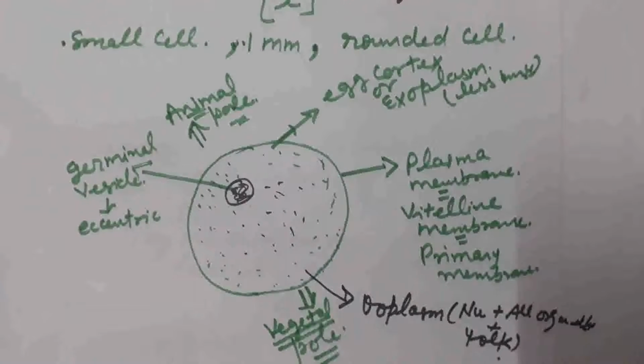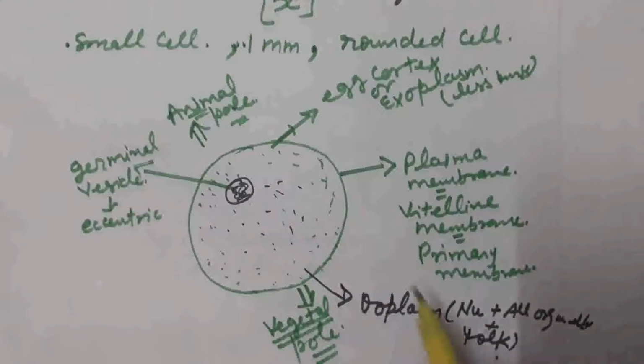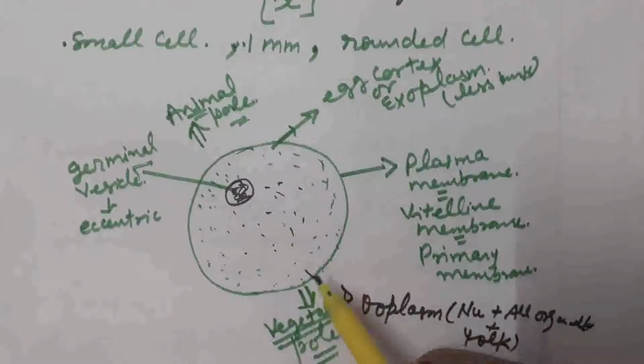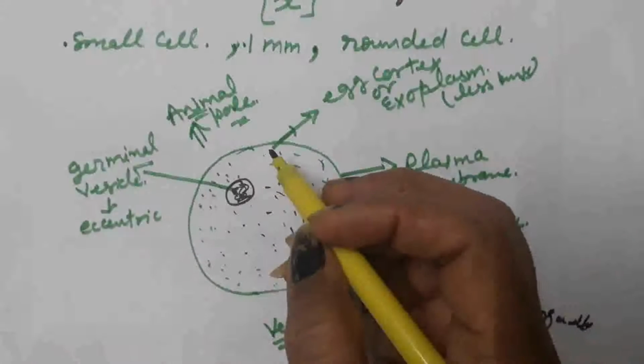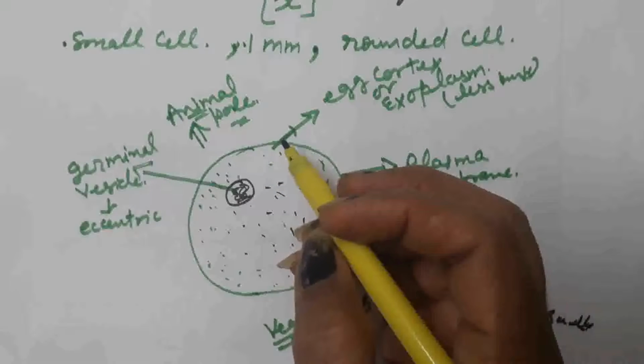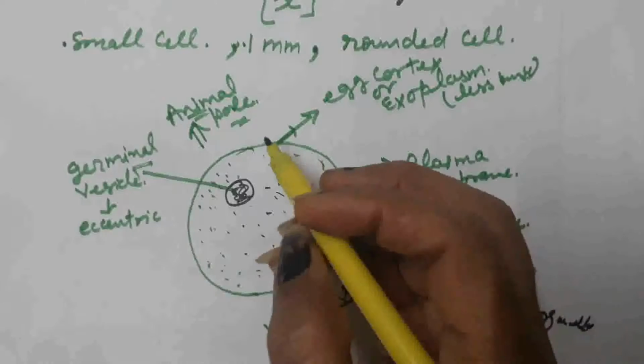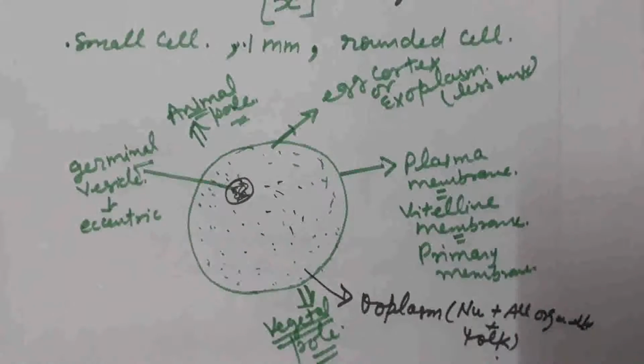It is a non-cellular, jelly-like membrane in which cells are not present. So this is the second layer.